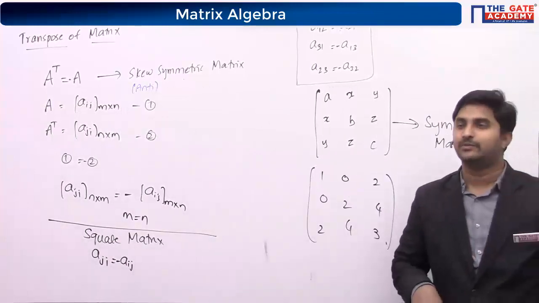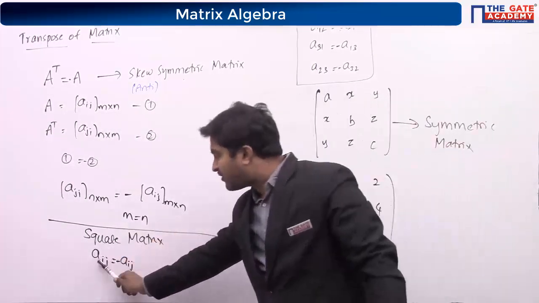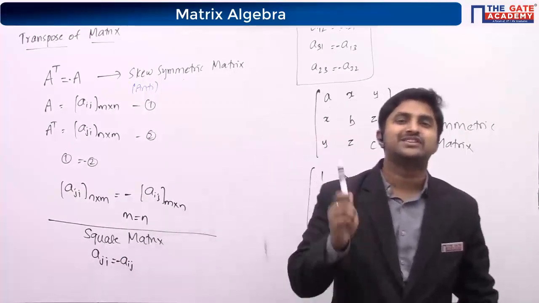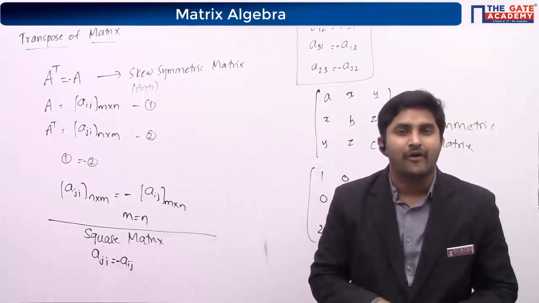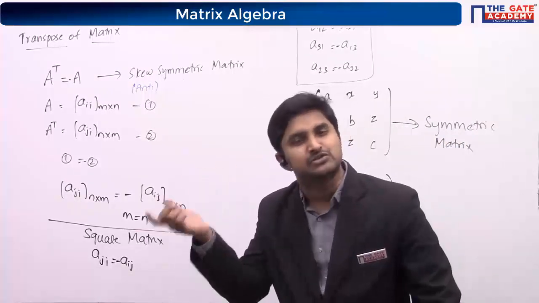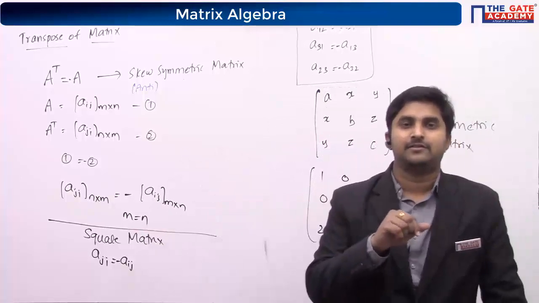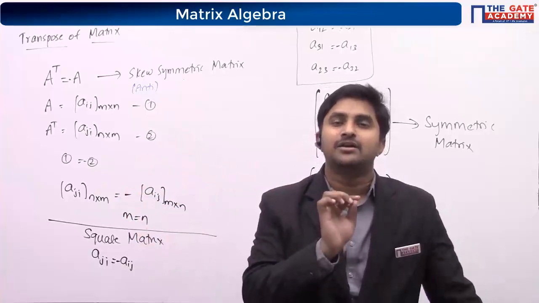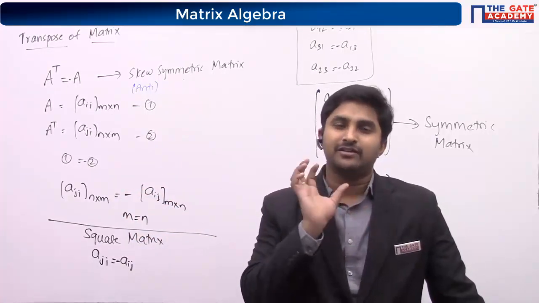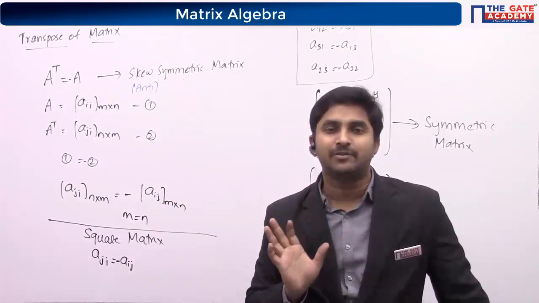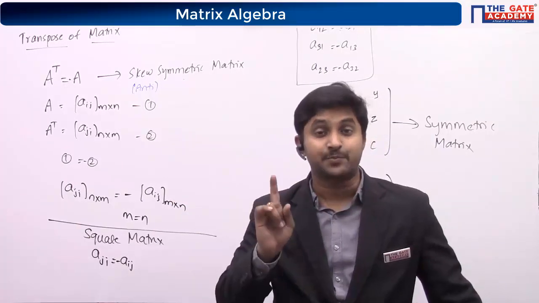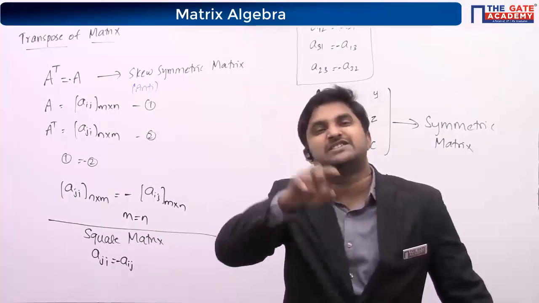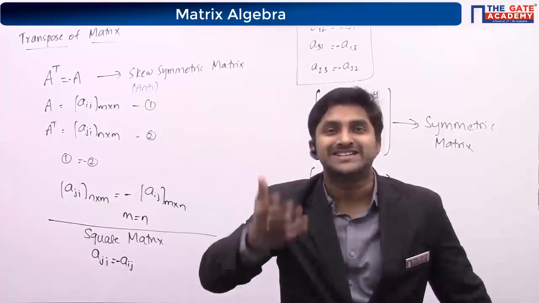The principal diagonal elements. Then what is the condition? A11 is equal to minus A11, A22 is equal to minus A22, A33 is equal to minus A33. Have you ever seen a number being equal to minus of that number? It is possible only in the case of 0, because whether it is plus 0 or minus 0, it means the same thing.